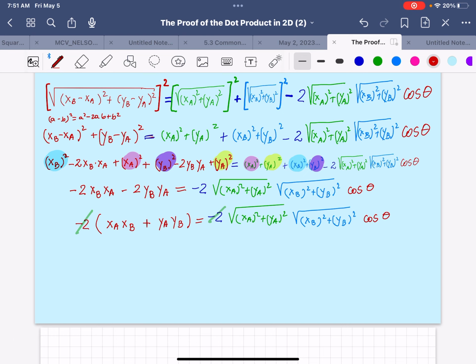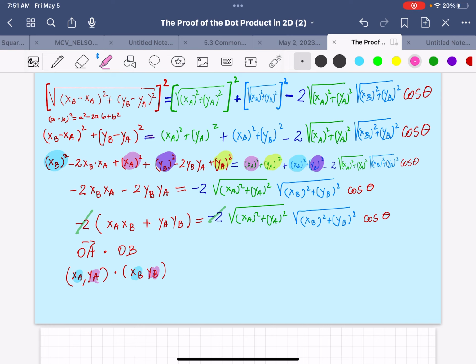OA and OB. Remember that OA is XA, YA multiplied by XB, YB. If you multiply these two vectors together, we multiply the x's together and the y's together.